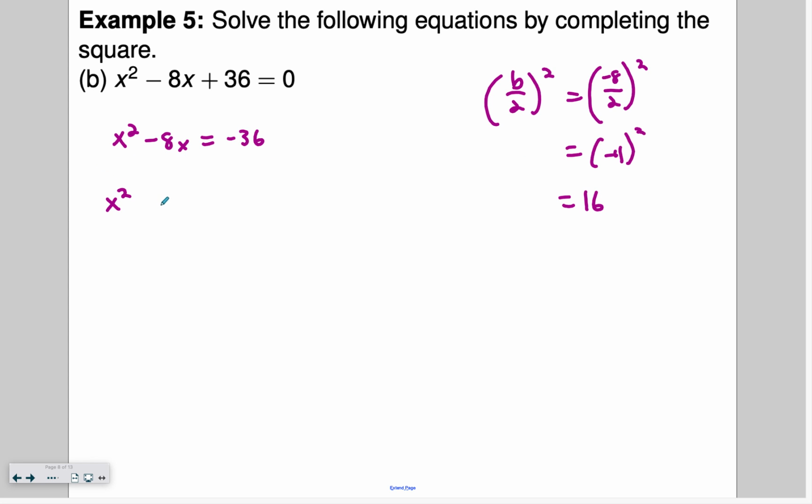So I'm going to add 16 to each side. All right, that wasn't too bad.